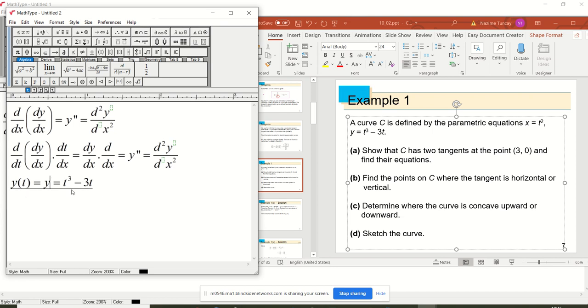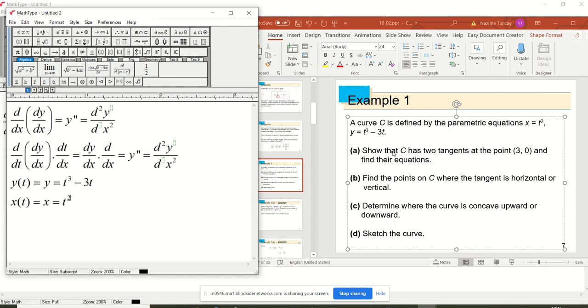So these are just the same. This is a function y in terms of t. Now let us continue. There is also a function x in terms of t, x equals t to the power 2.